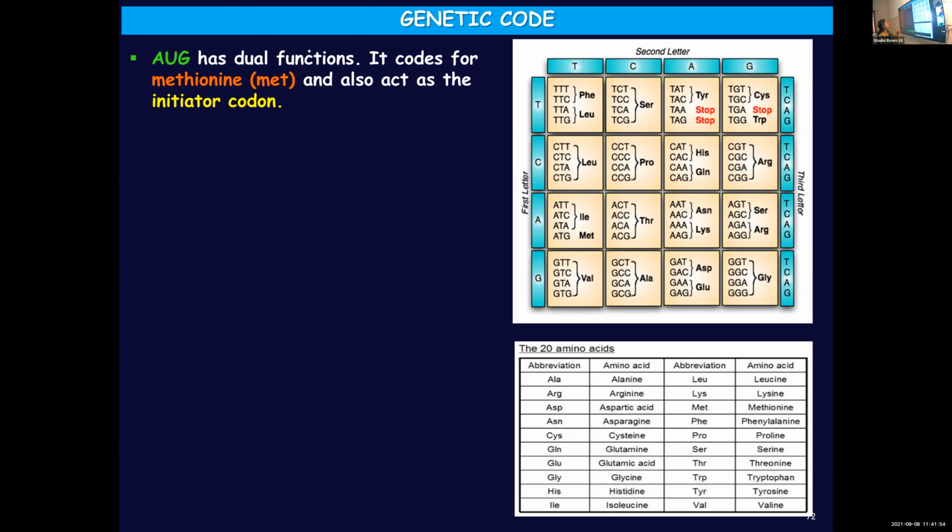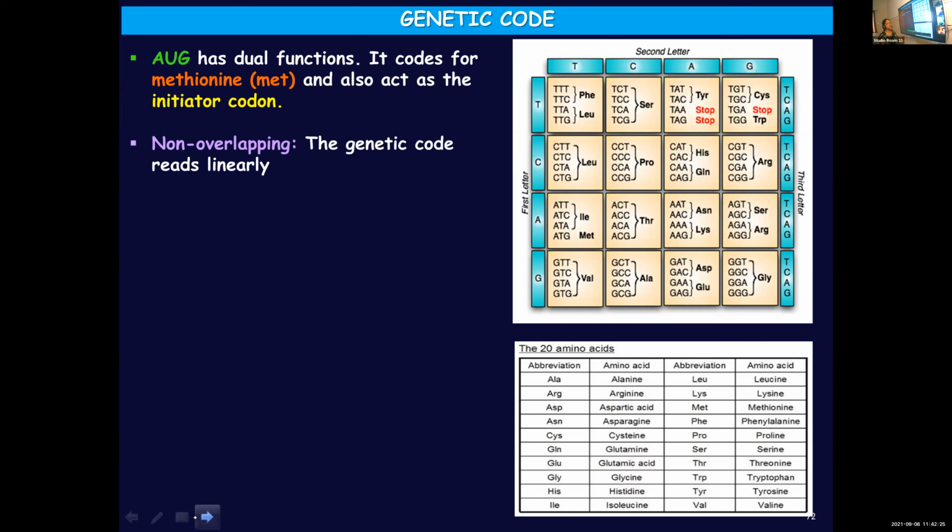And at the same time, it acts as the initiator codon, means the translation process begins from this particular codon. This start codon will be recognized and the process will start from AUG. So it is a start codon and it also codes for the amino acid methionine.